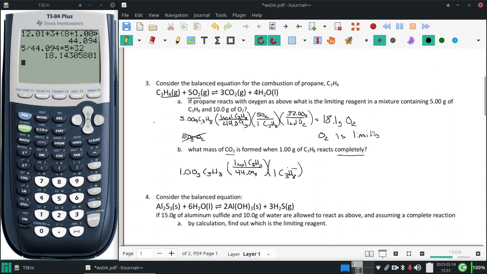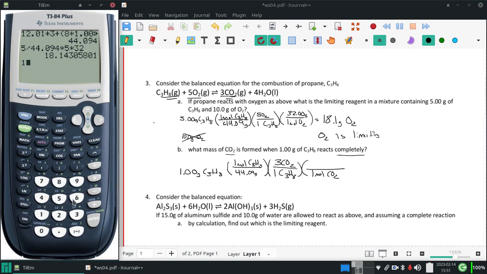But instead of having O2 on top, since this was asking about CO2, we're going to put the CO2 on top. And these two are what we're relating now. And then our last conversion, 1 mole of CO2 is, let's see, 16 plus 16 plus 12.01, 44.01 grams.